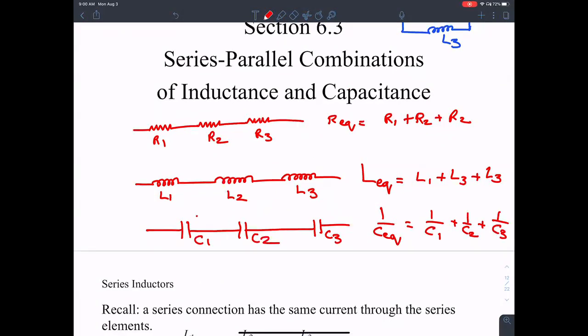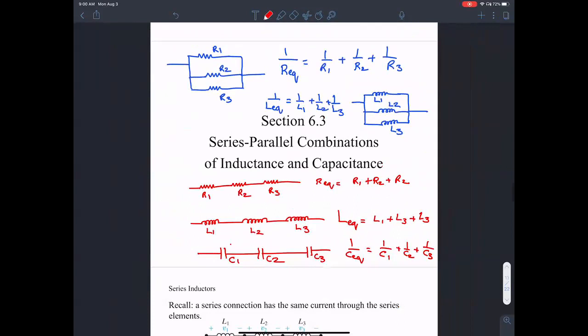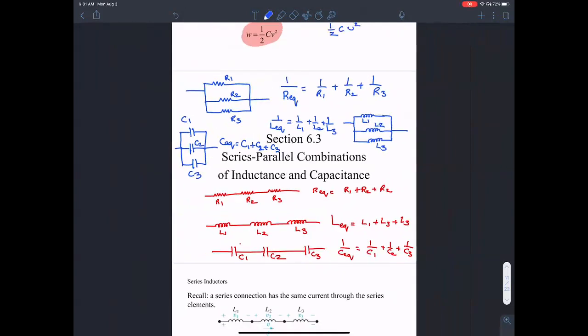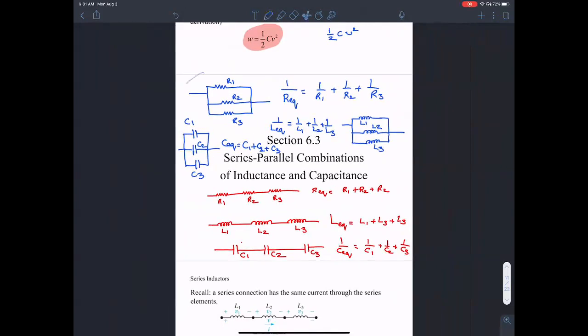Similarly, when you have capacitances C1, C2, and C3 in parallel, the equivalent capacitance is simply the sum of the different capacitances.